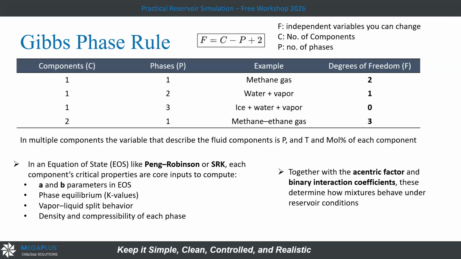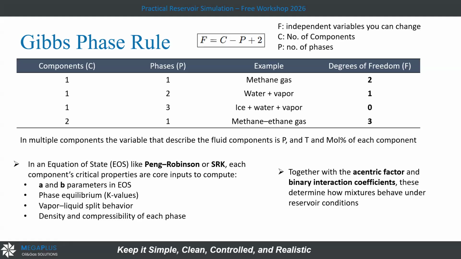As an example, if I have here a gas, only one phase gas with two components in one phase, to express the fluid, I have to know the pressure and the temperature and the mole percent of one element. And when I know that, I can know the percentage of the other element.